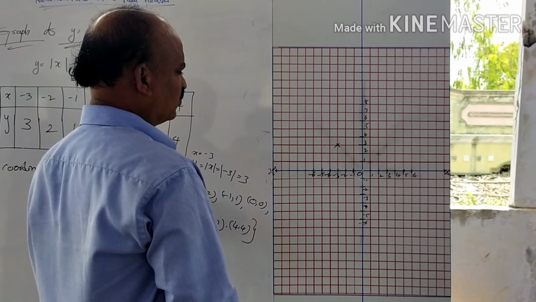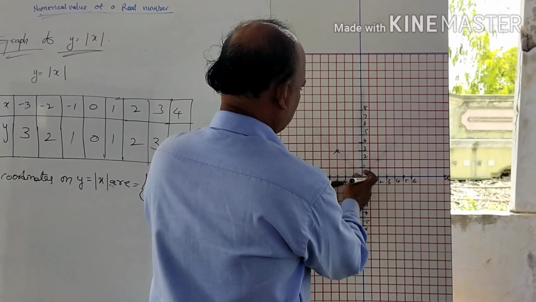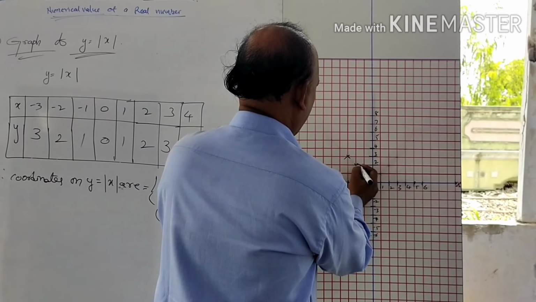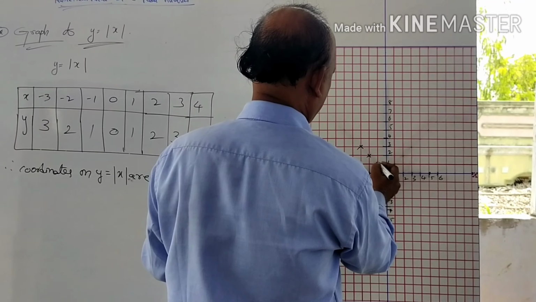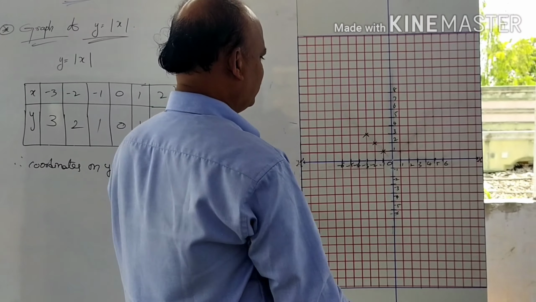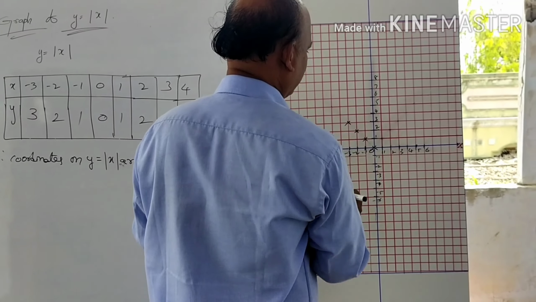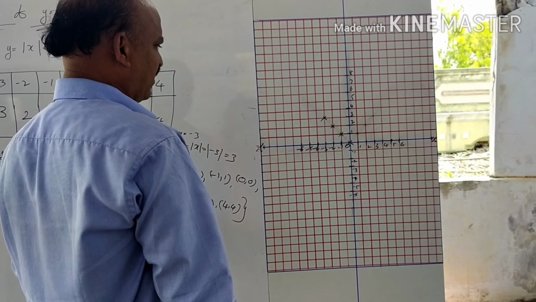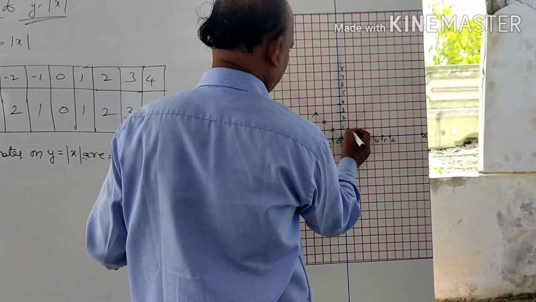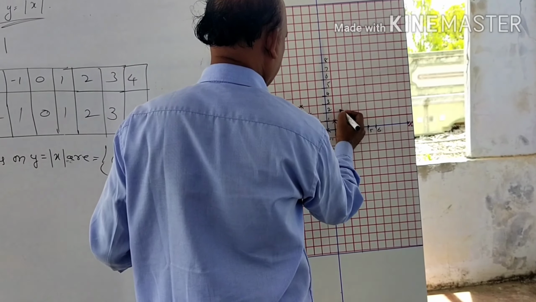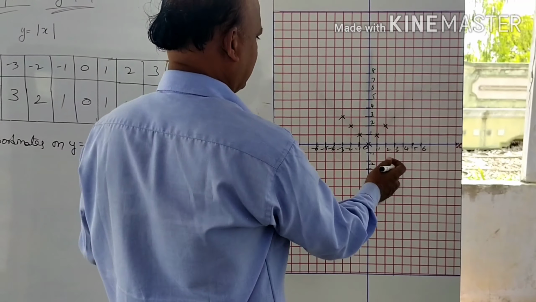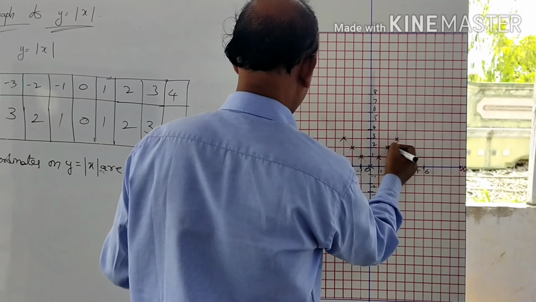Minus 2, 2. Minus 1, 1. 0, 0. 1, 1. 2, 2. 3, 3. 4, 4.